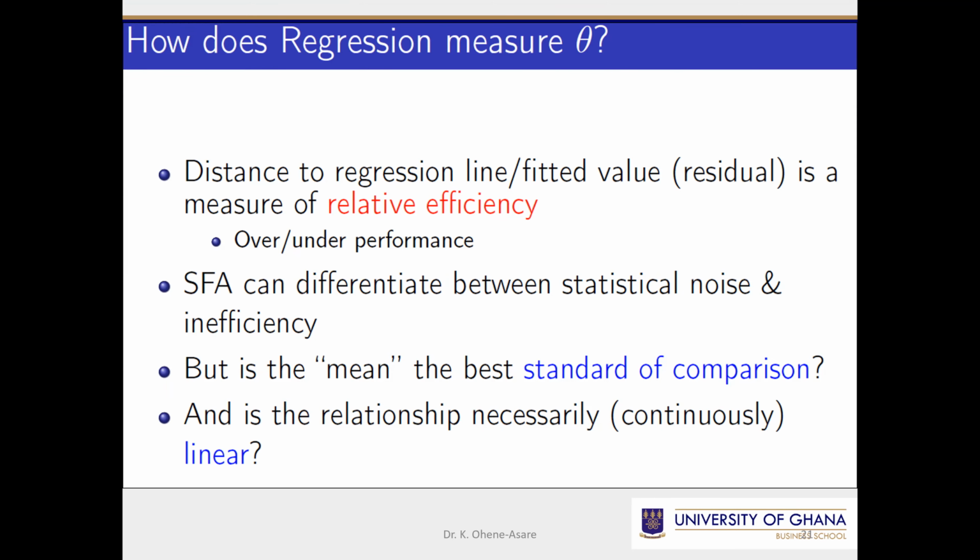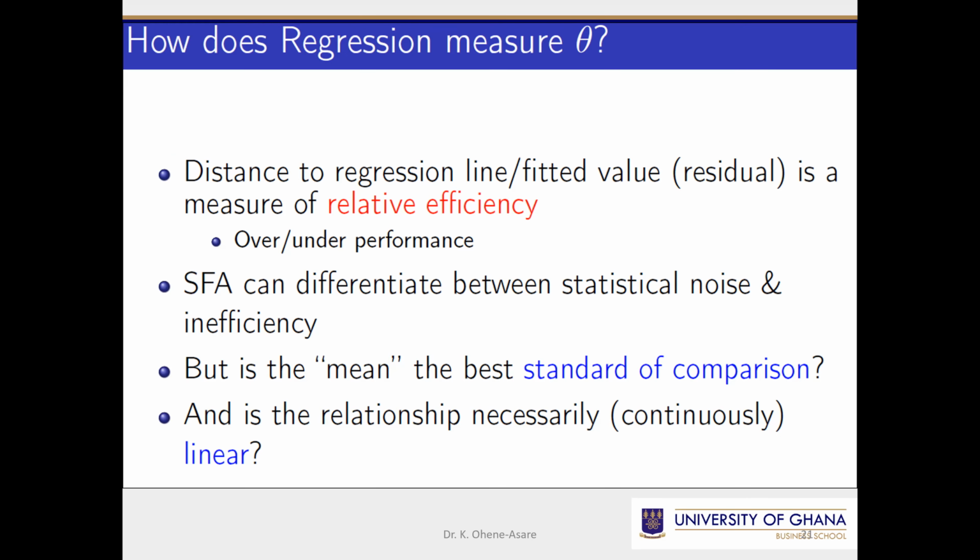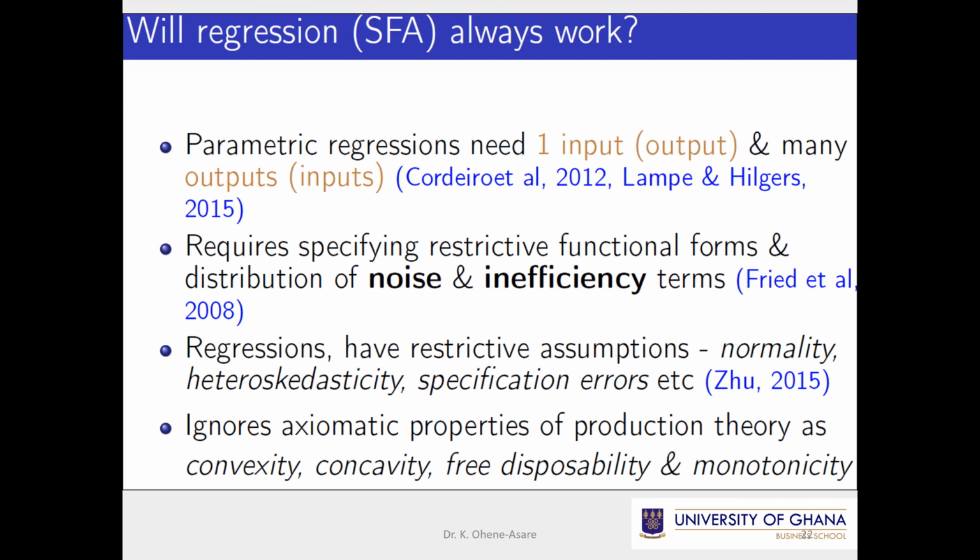Secondly, the relationship between the input and the output is said to be linear. That's why you have a linear regression line. But life is not always linear. Life can be nonlinear. Life can be piecewise linear. And whilst that one is great, there may be other issues. We use one input, one output.